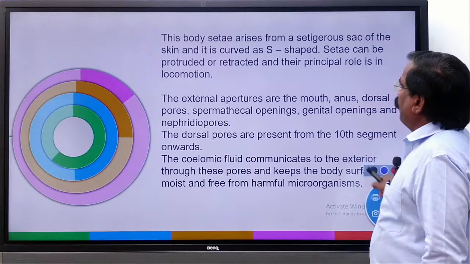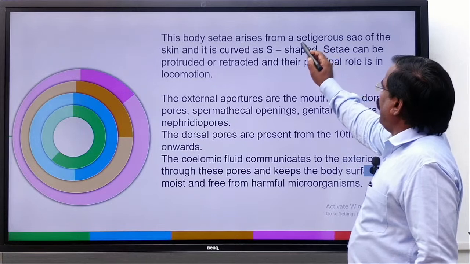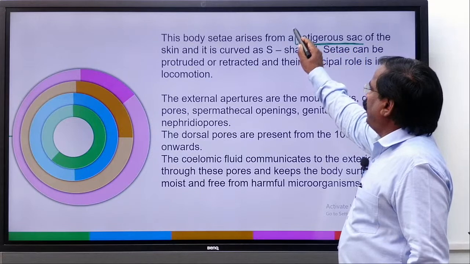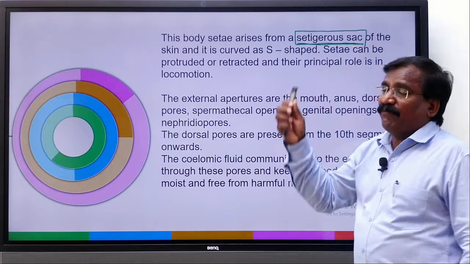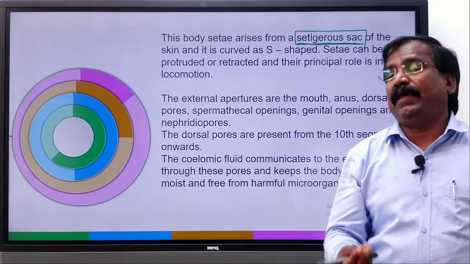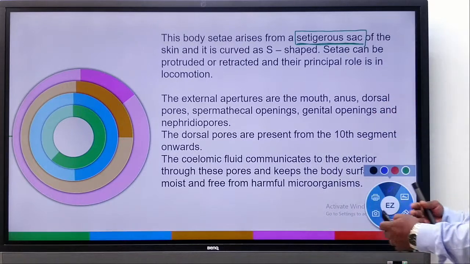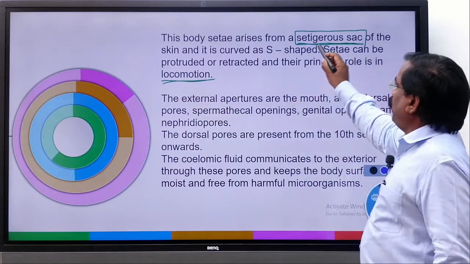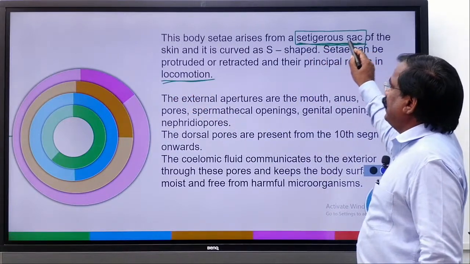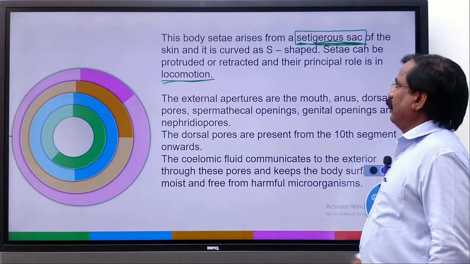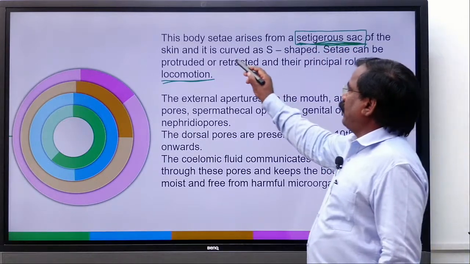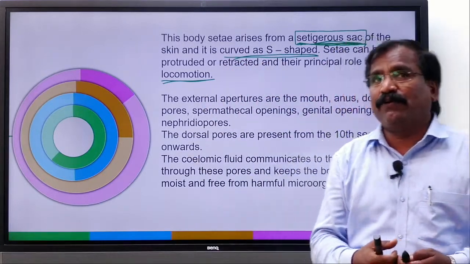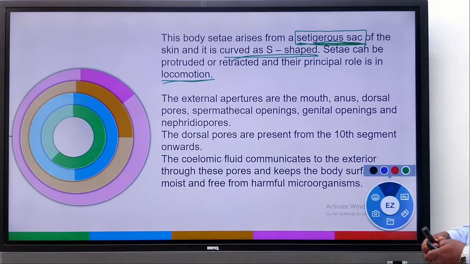Setae arise from the setigerous sac, or setigerous pit, which is very important. The setae are chitinous structures helpful for locomotion. The setae are curved, S-shaped structures made of chitin.